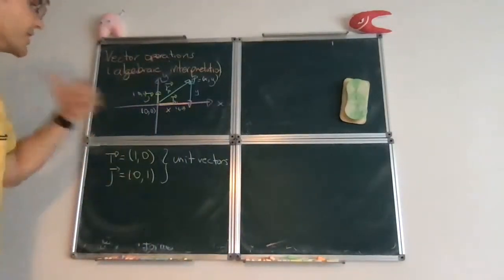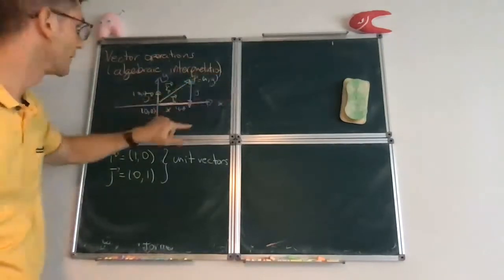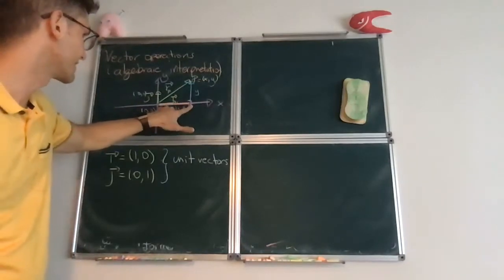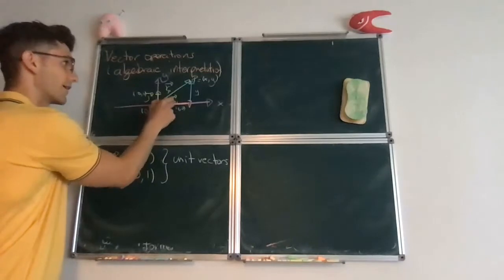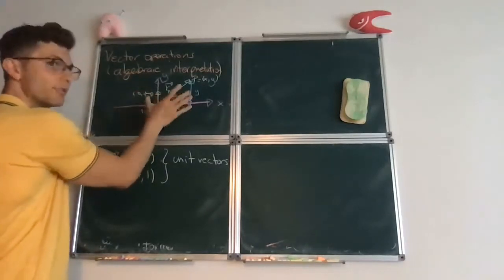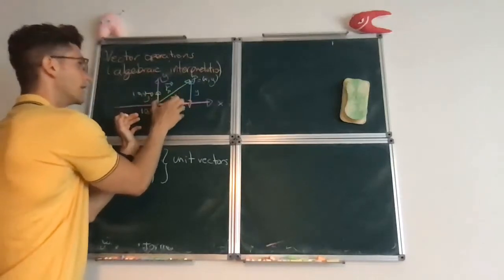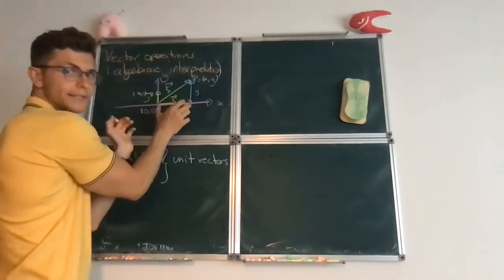And so for the sake of the argument, imagine that this had been the point 3, 5. So if this is 3, 5, that means that this segment has size 3. And so basically what you could do is take the vector i and multiply it by 3. And once you rescale this vector i by 3, you obtain the entire pink segment.